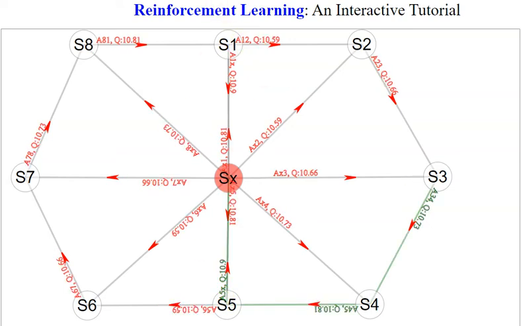Now we can see that all the states that are starting from S2, S3, S4, agent is taking this path, and then instead of going to S6, it is entering the destination. However, it's for 2, 3, 4, and 5. However, for 6, 7, and 8, it will take the other path.